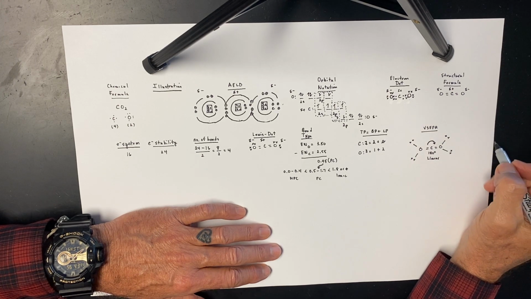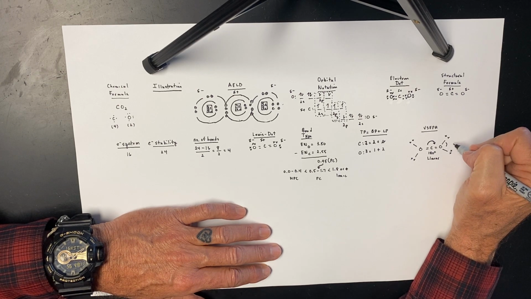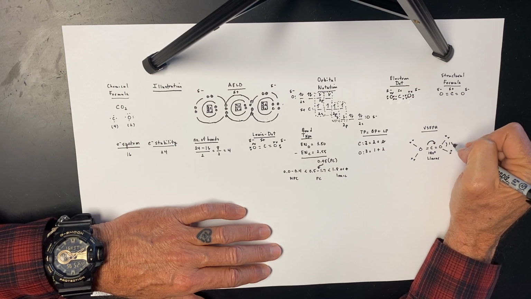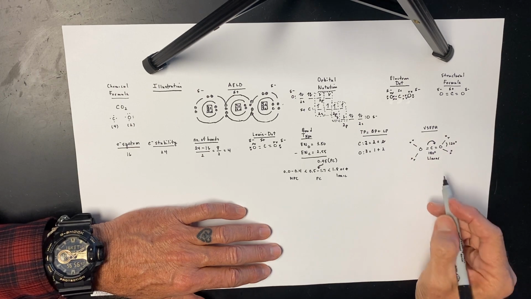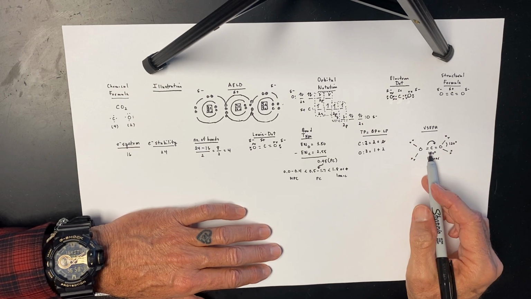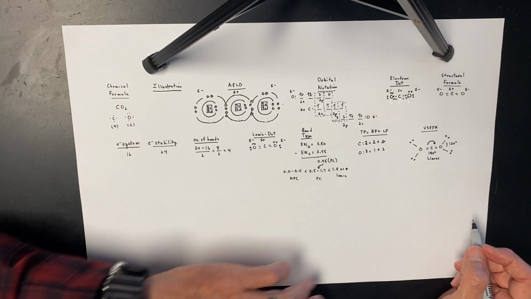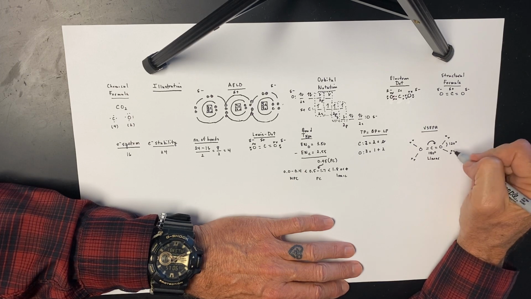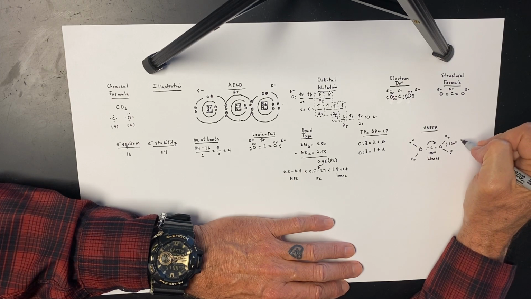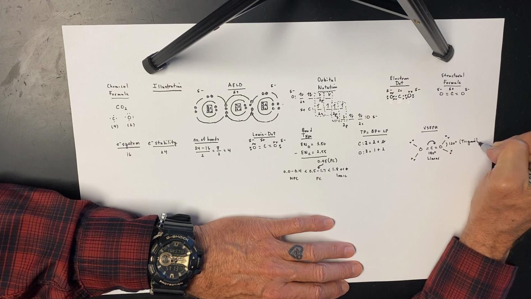And the bond angle between oxygen's lone pairs is going to be 120 degrees. So we say or predict that the arrangement of electron pairs around the central atom is going to be linear, and the arrangement of electron pairs around the oxygen is going to be trigonal planar.